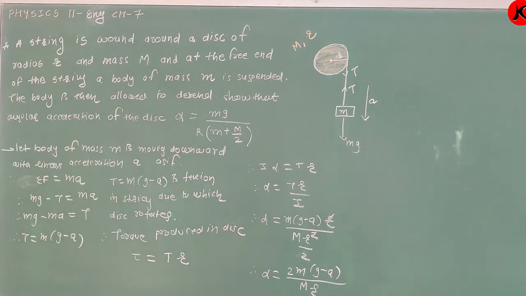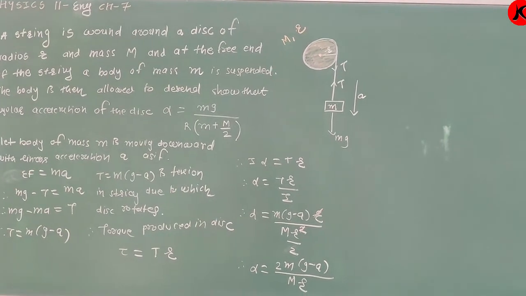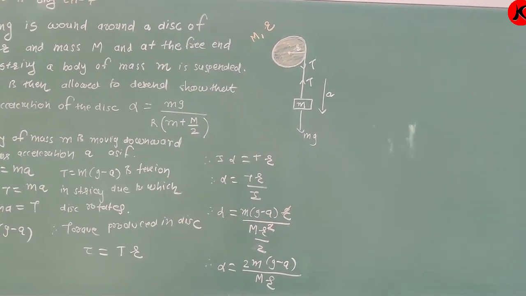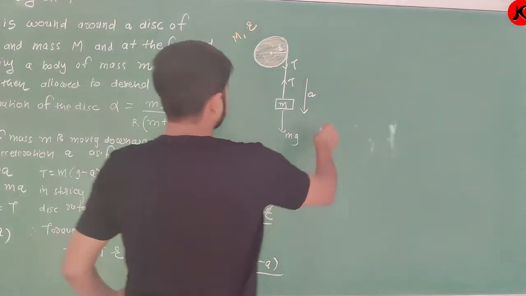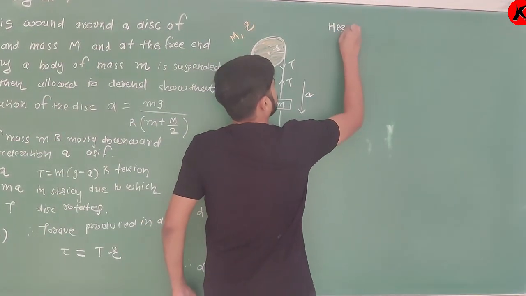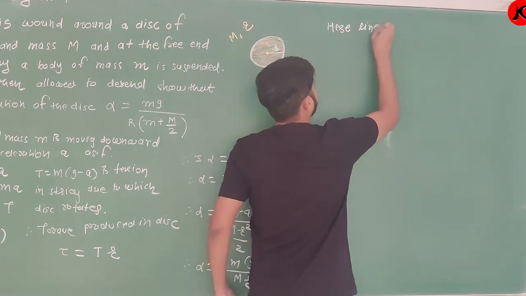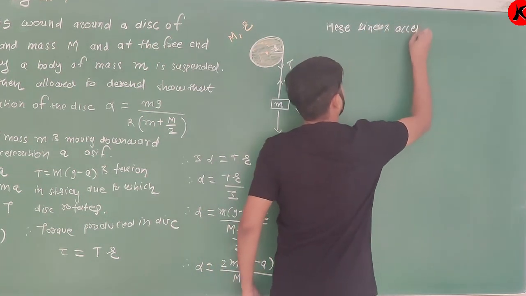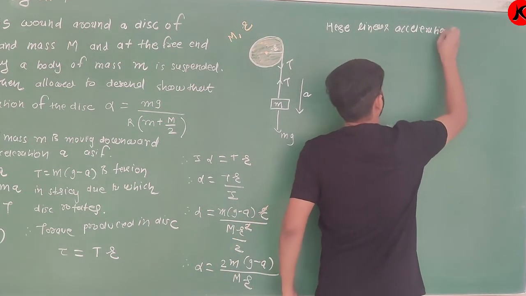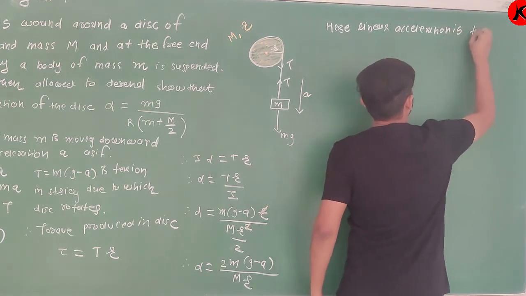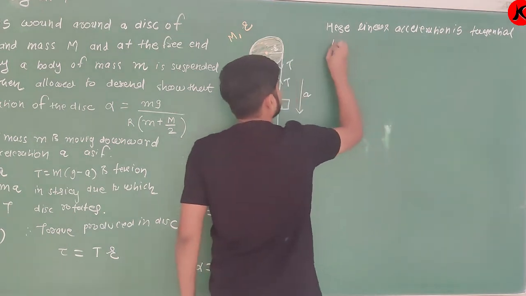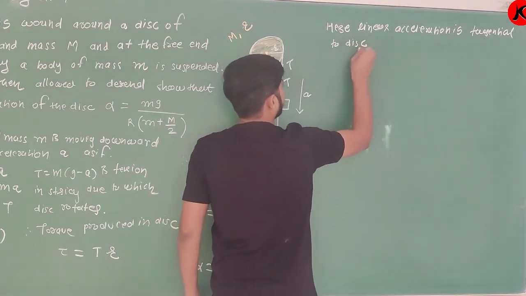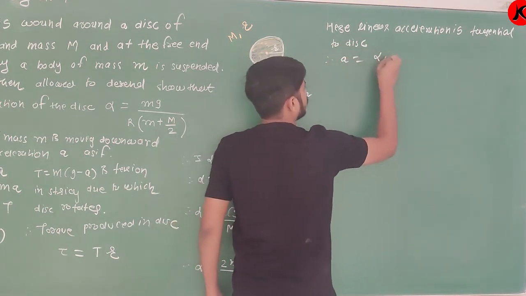This linear acceleration a is tangential to the disk. So a is equal to alpha r.